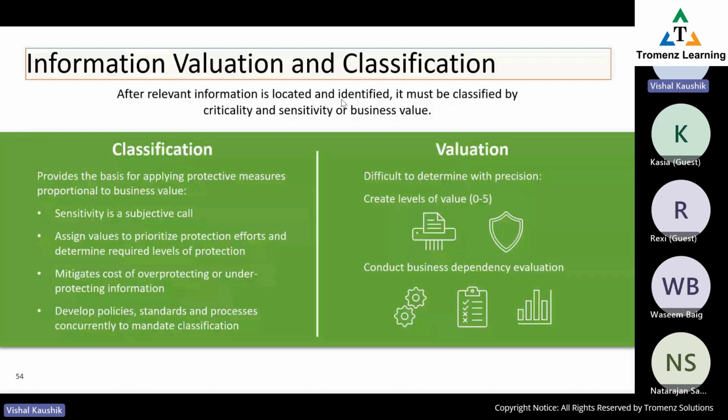Basically, one approach to determine the levels of value is that you could create levels 0 to 5 as an example, with 0 being of no value and 5 being critical. So any information categorized as 0 would be classified as low value, and anything categorized as level 5 would be classified as high value.